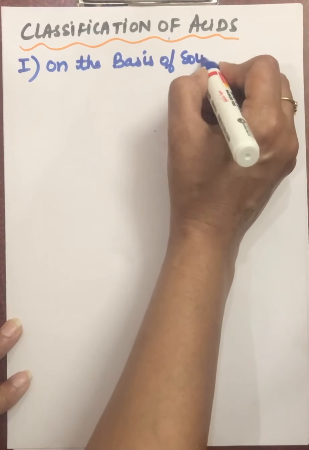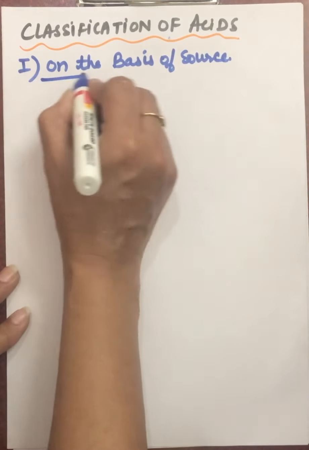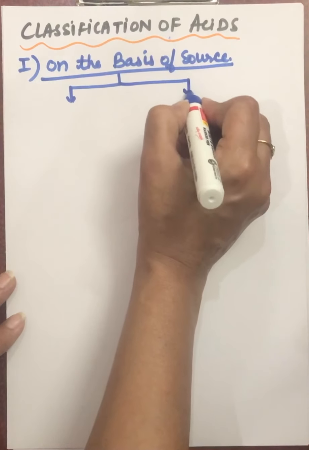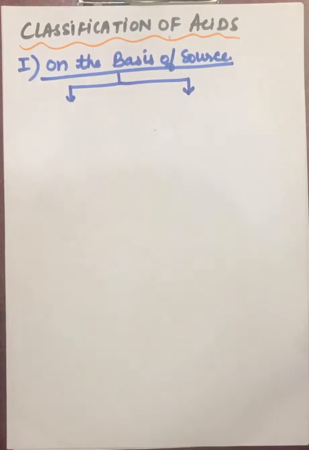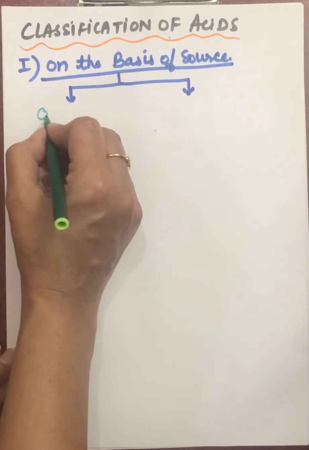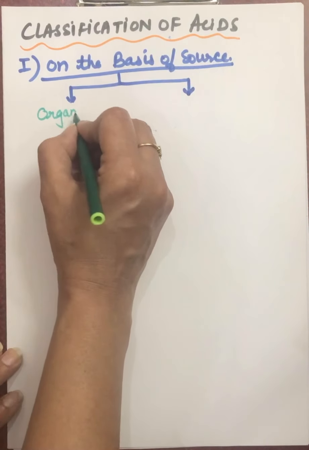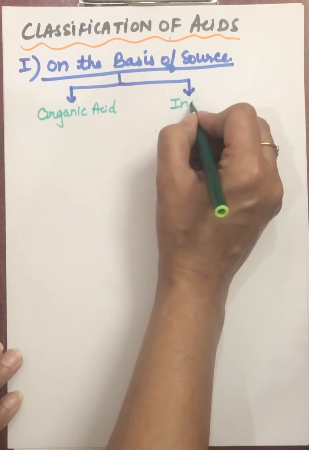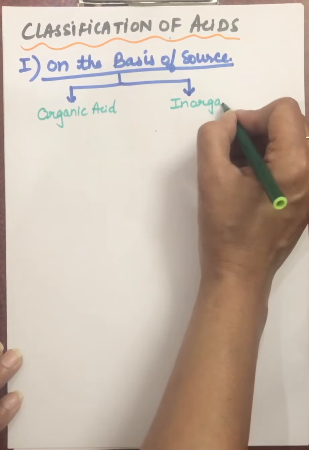What is the source of this acid? Based on source, acids are of two types. First one is called organic acid, and the second type is inorganic acid.